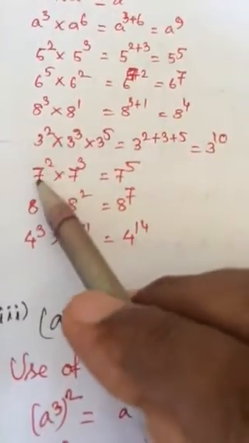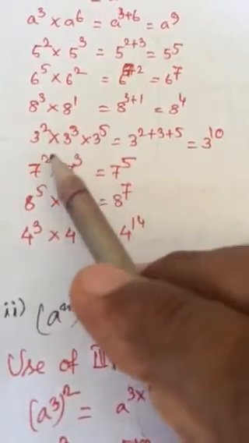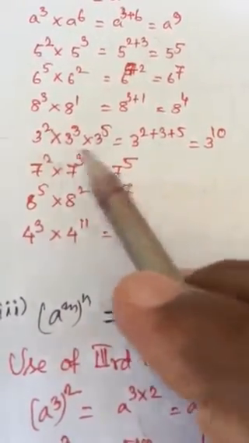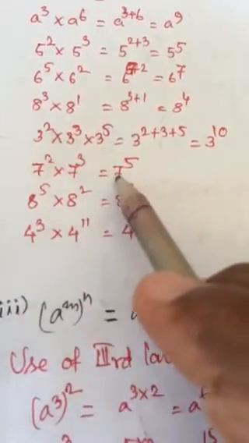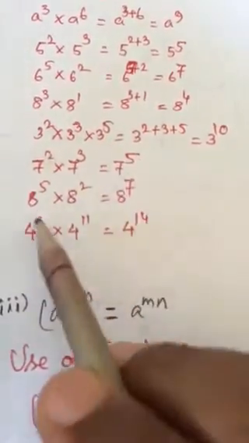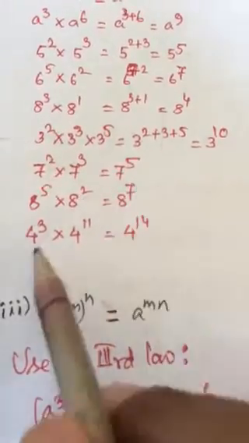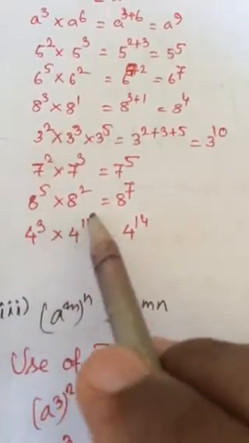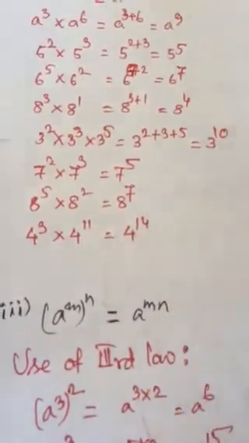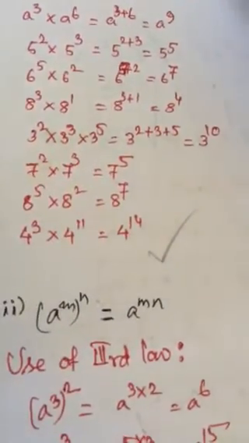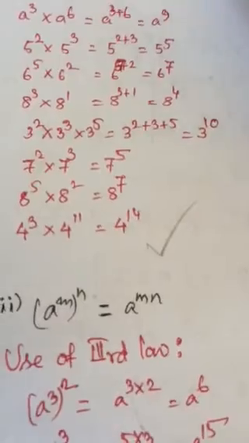Now 7 to the power 2 times 7 to the power 3: the base remains the same, 2 plus 3 is 5, so 7 to the power 5. 8 to the power 5 times 8 to the power 2 is 8 to the power 7. 4 to the power 3 times 4 to the power 11 is 4 to the power 14. This is how we use the first law of indices.